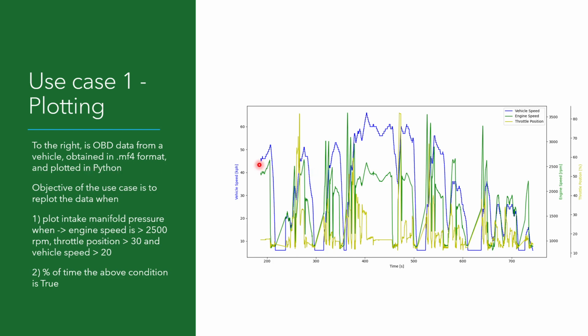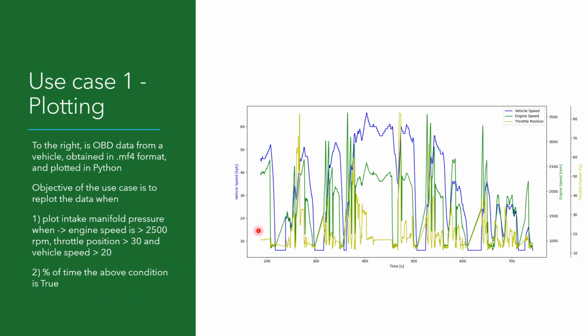So we have got vehicle speed in blue, engine speed in green, and throttle position in yellow. Now, our objective is to find the intake manifold pressure when engine speed is greater than 2500, throttle position is greater than 30, and vehicle speed is greater than 20. And for what percentage of time the above condition is true.